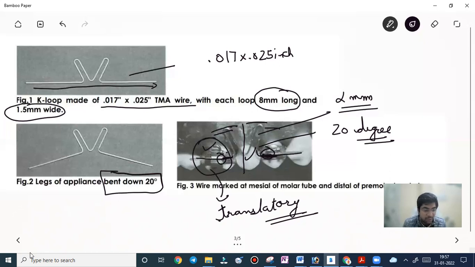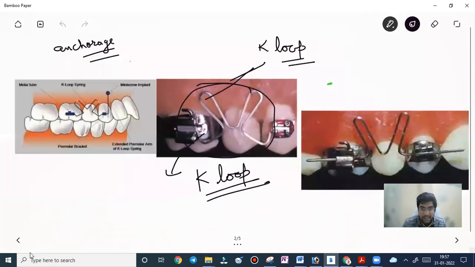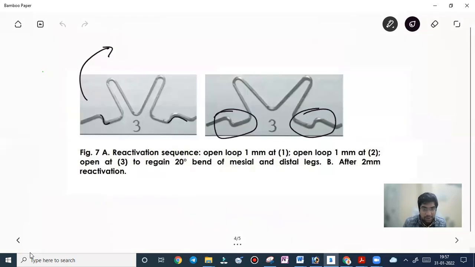For additional molar movement, the appliance is reactivated. The appliance can be reactivated 2 mm, and we can reactivate this appliance after 6 to 8 weeks.